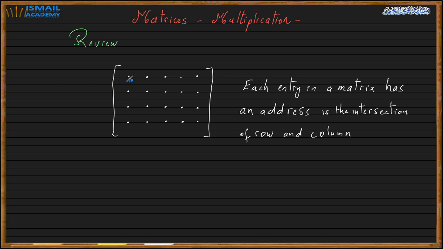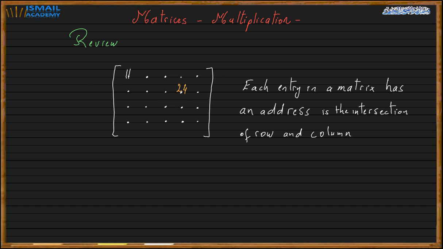For example, the first one here is the intersection between the first row and the first column, so we will name it 1, 1. That one is the intersection between the second row and fourth column, so we will name it 2, 4. This one is the third row and second column, so it's going to be 3, 2, not 2, 3.